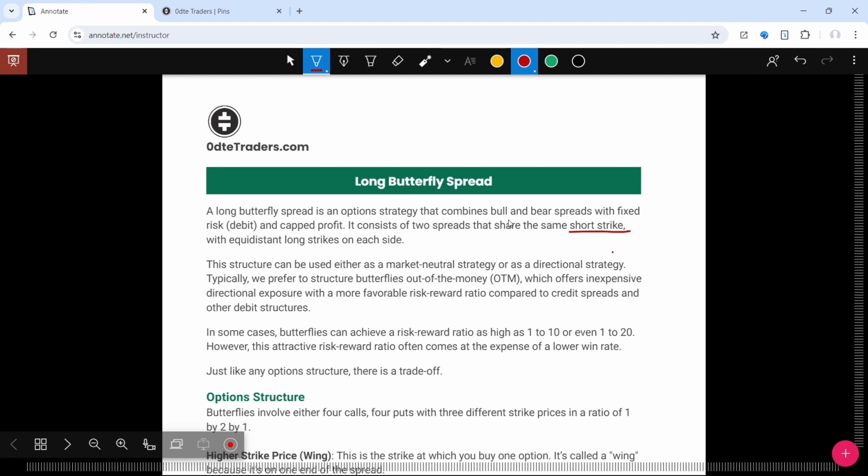Now, in some cases, butterflies can achieve a risk-reward ratio of 1 to 10 or even 1 to 20. However, this attractive risk-reward structure of 1 to 10, 1 to 20 often comes at the expense of a lower win rate. Okay, so just like any option structure, it is a trade-off between probabilities and risk reward.